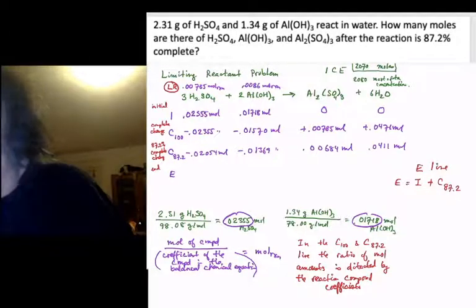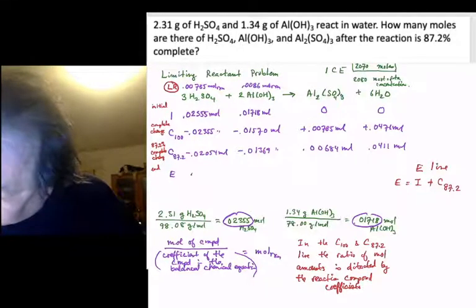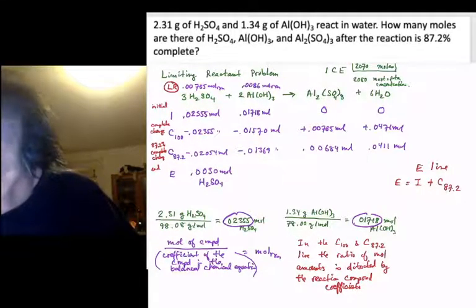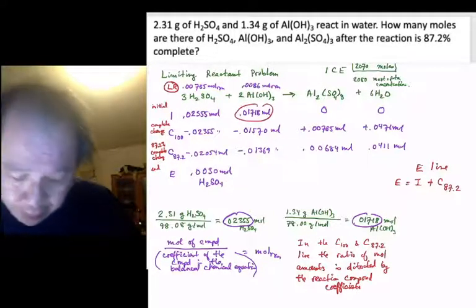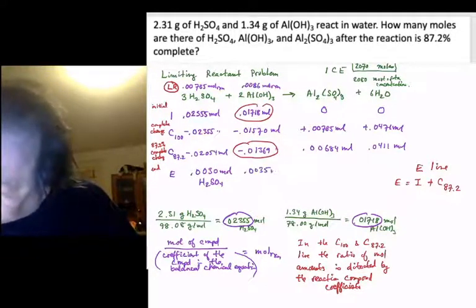So we add these two numbers and we get 0.0030 moles of H2SO4. Take this number and this number and add them together. We get 0.0035 moles of Al(OH)3.